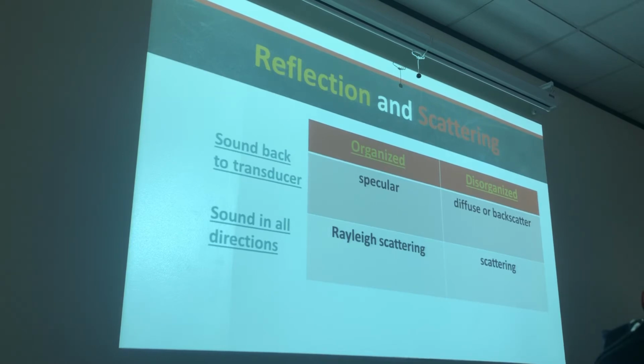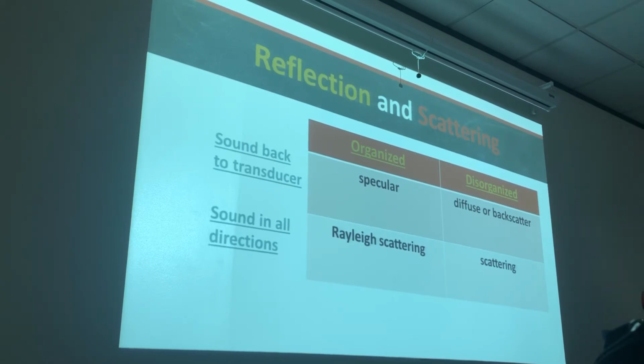Diffuse or backscatter is disorganized. Remember, it's disorganized, but that's also because our borders are irregular. We're also going to get some of that sound back to the transducer as well. When we talk about scattering in general, none of the scattering is going to get a reflection back to the transducer.